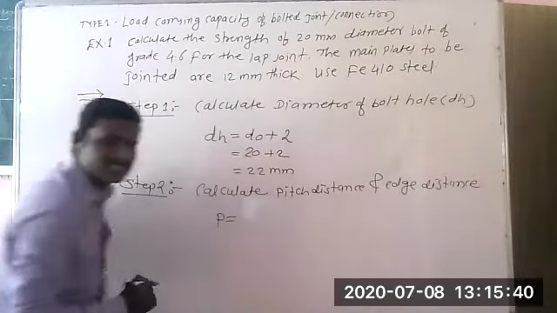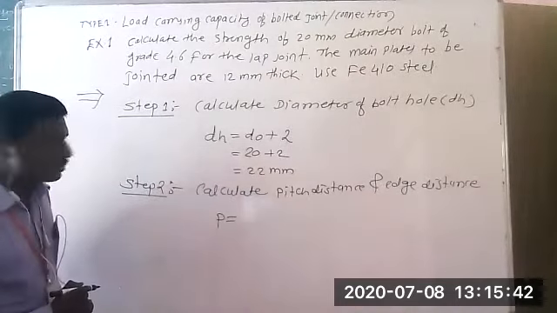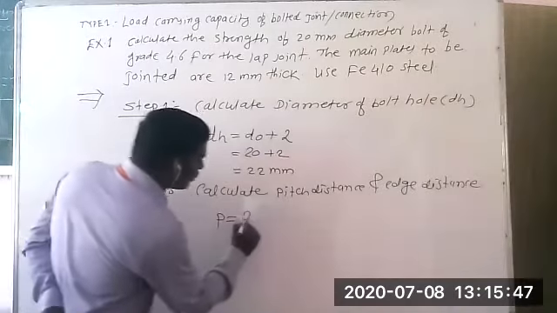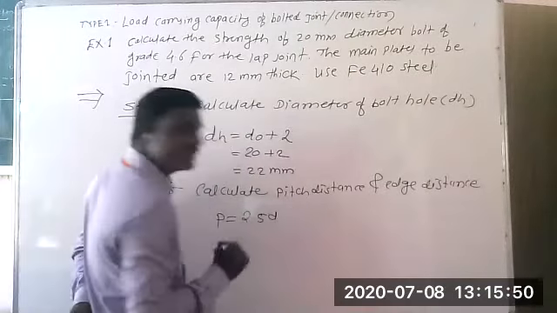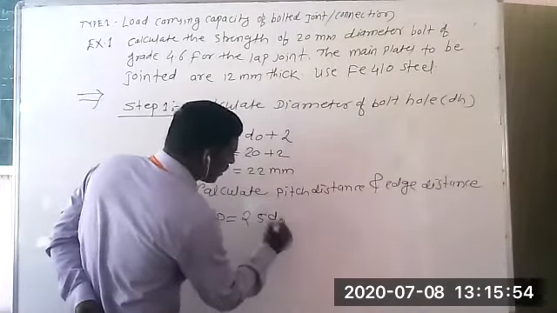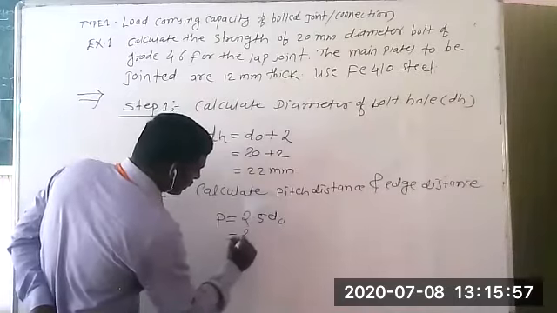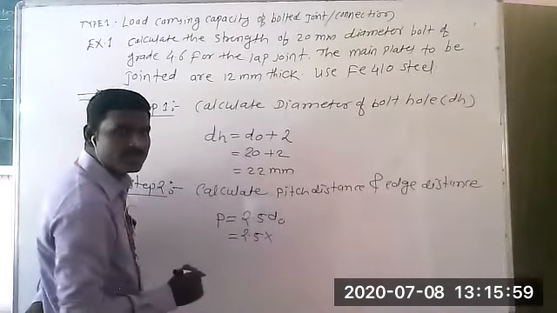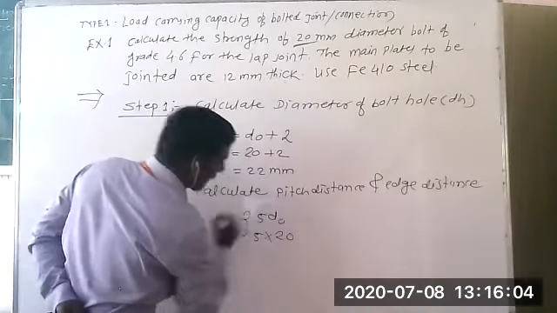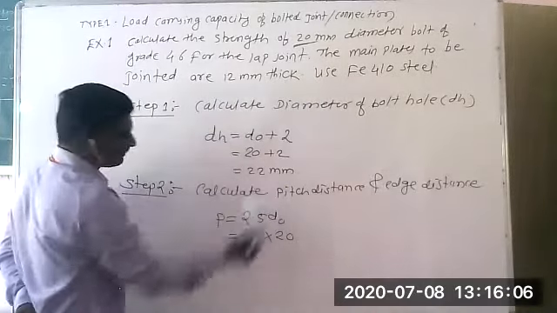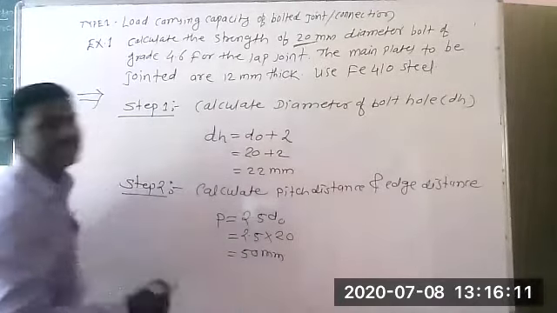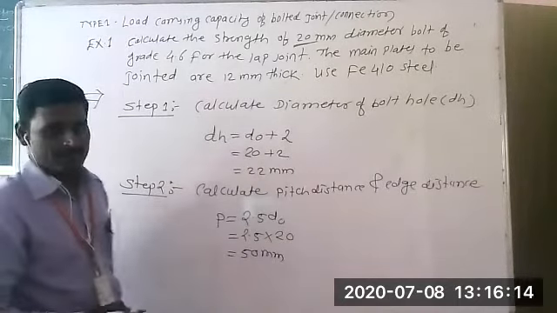How to calculate pitch distance? We denote pitch distance as P. P is equal to 2.5 D, or we call it D naught. So 2.5 into D naught, which is 20 mm. So pitch distance is 2.5 into 20, which is 50 mm.